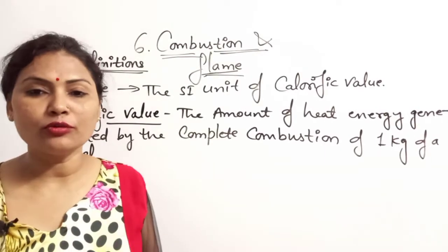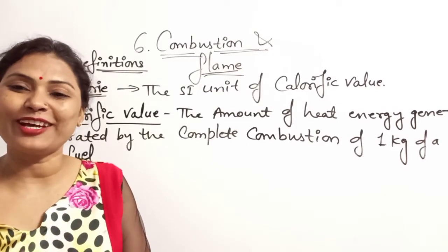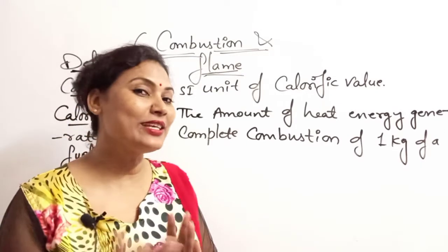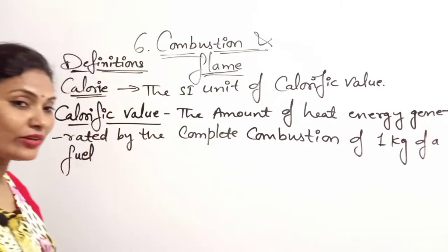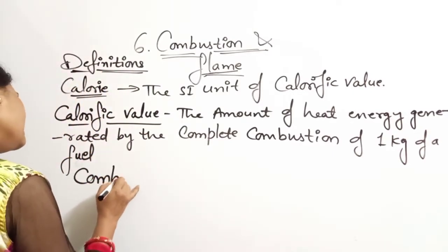Now next, combustion. I have told you that combustion is the process of burning of a substance in the presence of air or oxygen to produce heat and light. So you can write another definition, that is combustion. What is combustion?